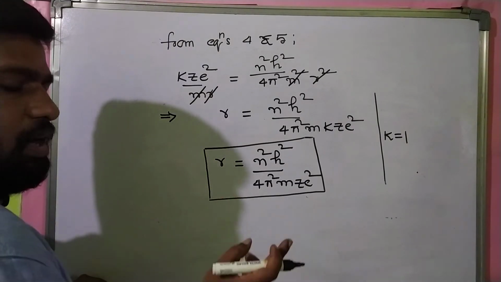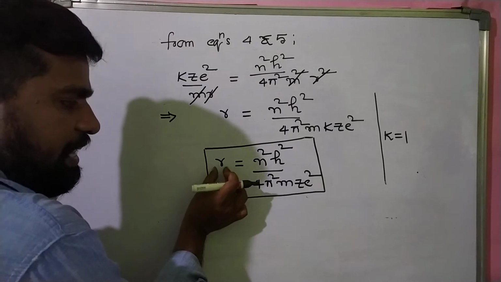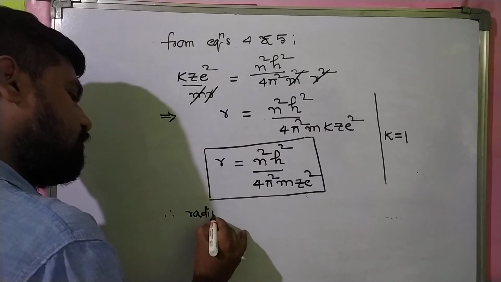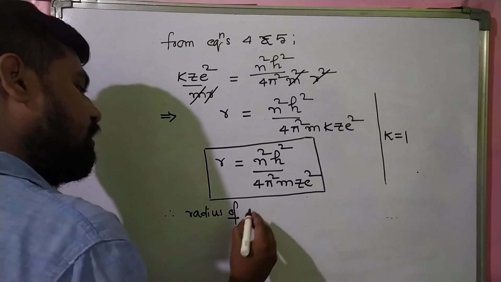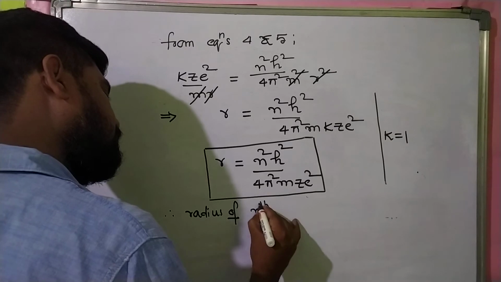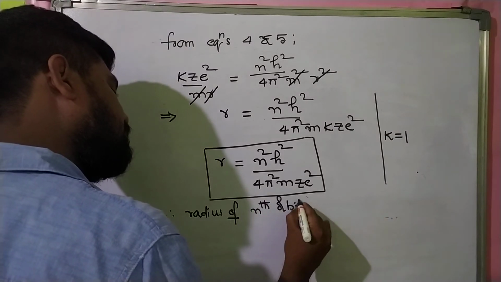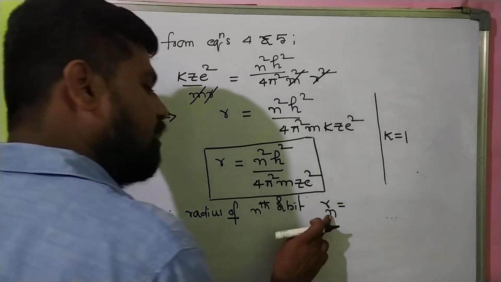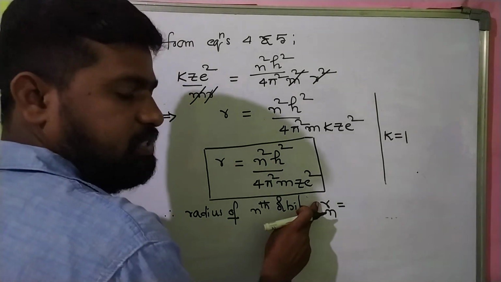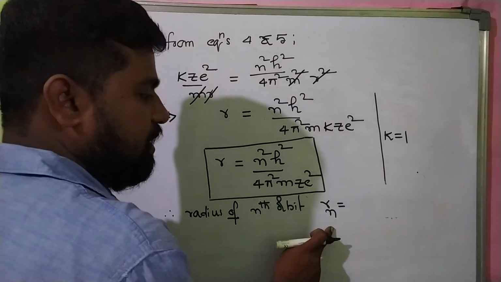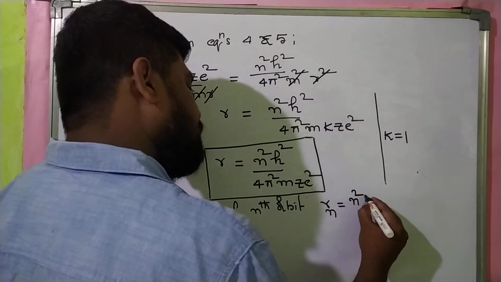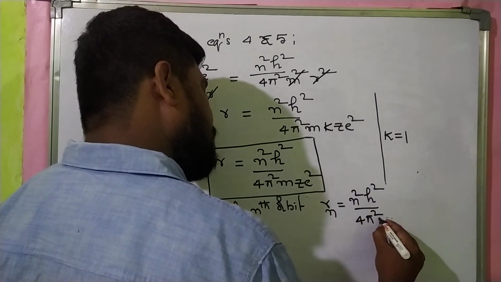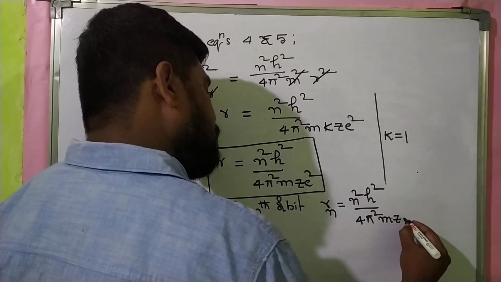Okay. Now this is the radius. So the radius of the nth orbit is given by r n, where n means the nth orbit, r means radius, r n means the radius of the nth orbit, equals n square into h square by 4 pi square m into Z e square.